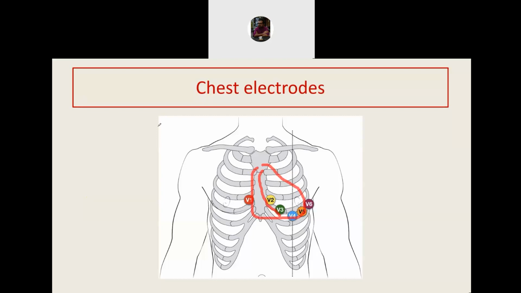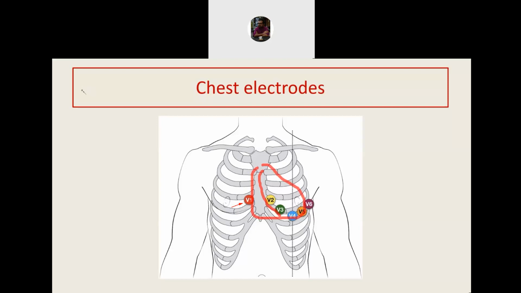So under this situation, it is very easily understood that the lead V1 will look at the right side of the heart. Both V1 and V2 can look at the septum of the heart. V3 and V4 look at the anterior surface of the heart. V5 and V6 look at the left side or the anterolateral side of the heart.